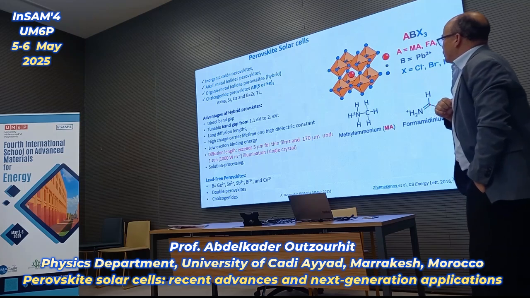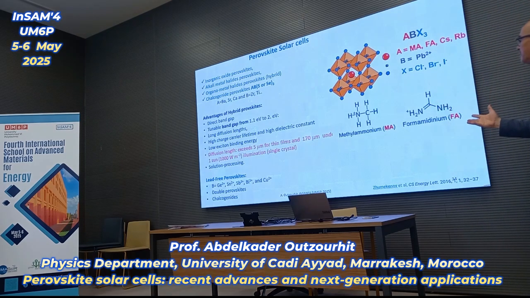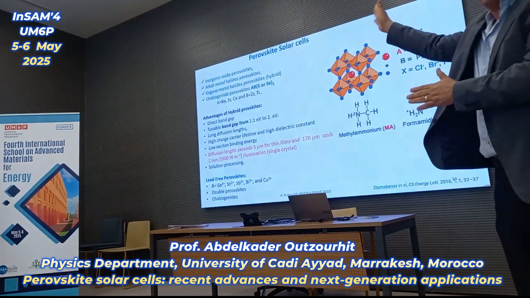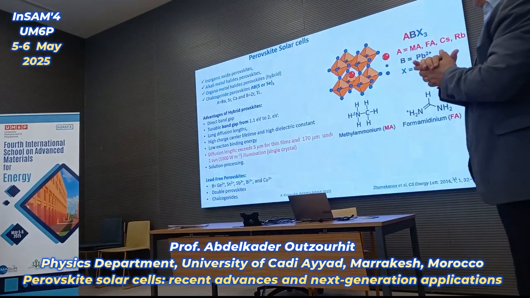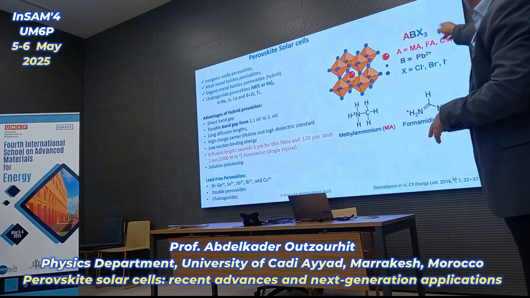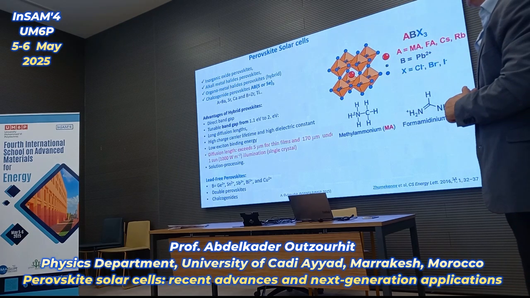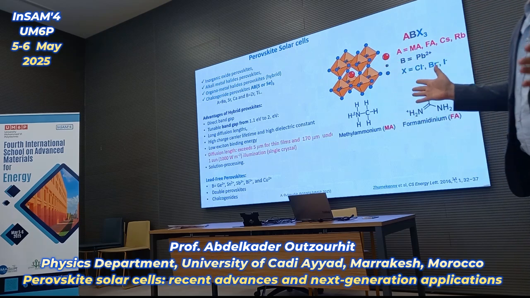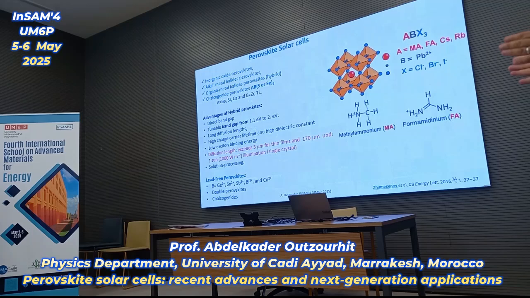So why are perovskites so interesting? Because usually they are direct band gap, so they have a very high absorption coefficient, as I showed in that graph. The band gap is tunable. You can change it just by acting on the materials, on the elements, and they also have a very long diffusion length, so the thickness that they need is not that high.